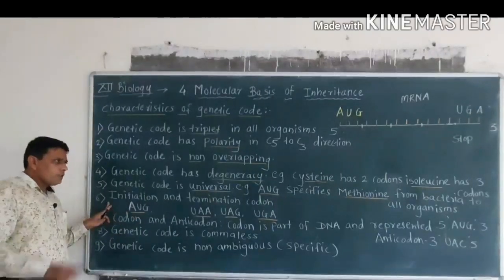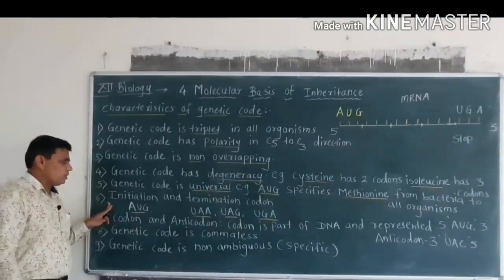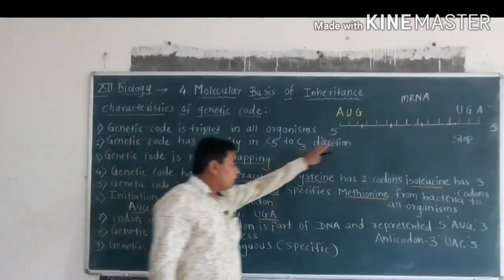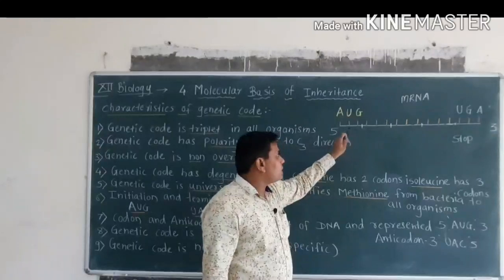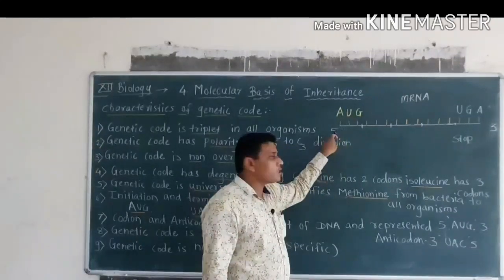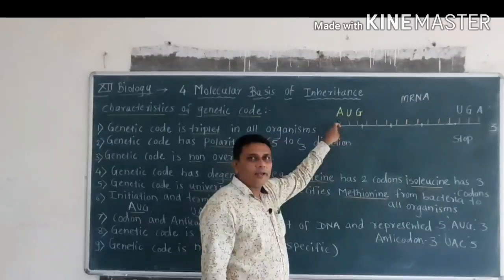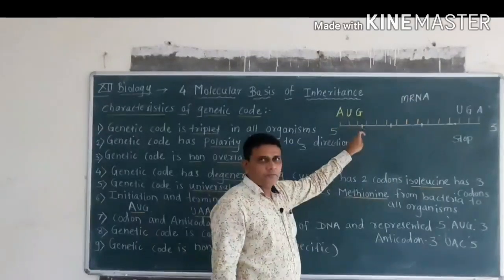Then the messenger RNA shows initiation and termination codon. You know that the process of protein synthesis starts from the C5 end and it is started by a genetic code called as AUG.